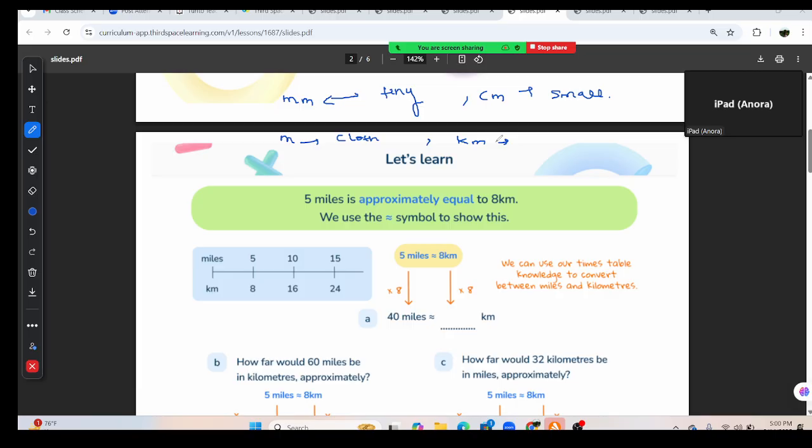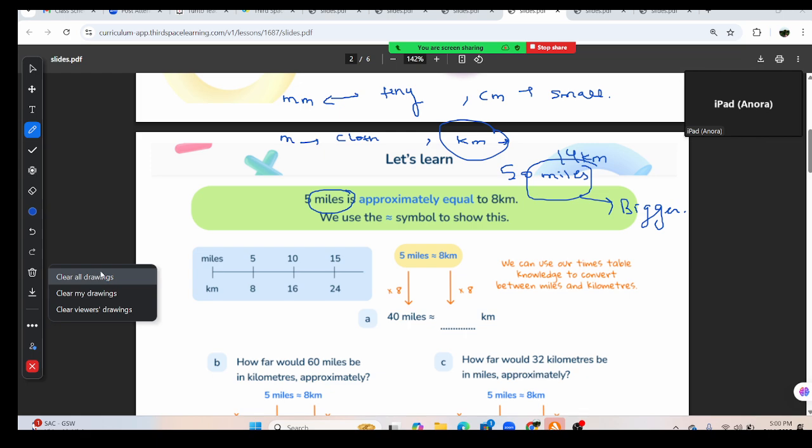If you want to measure how far your school is from your home, or the distance between two cities, like on a signboard on a road trip, you would see it says 14 kilometers, or sometimes miles, like 50 miles. So kilometer and miles are bigger units, used to find the distance between two cities or places.